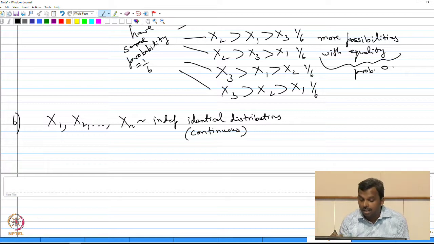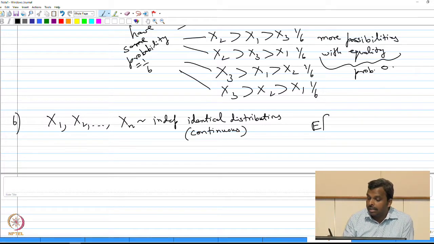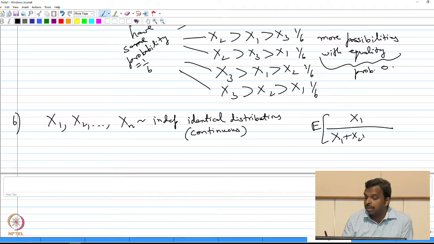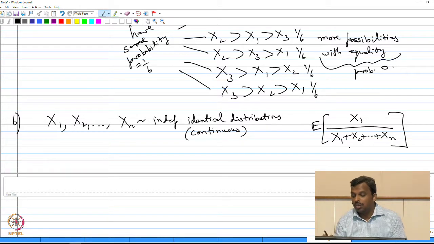It doesn't really matter. So one of the questions that people would ask is this: the expected value of x1 divided by x1 plus x2 plus up to xn. Continuity is sometimes needed to avoid dangerous situations, like all of them going to 0. So we'll assume these things exist in some sense.